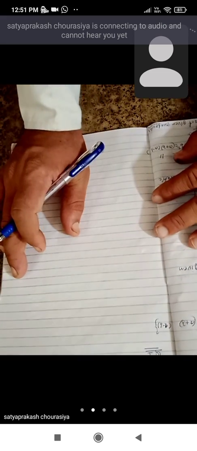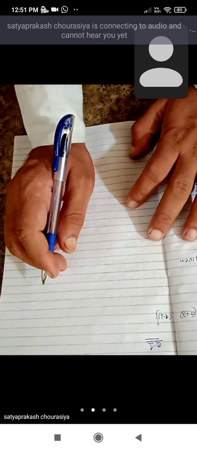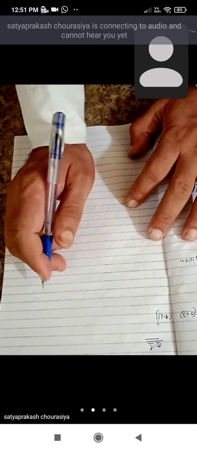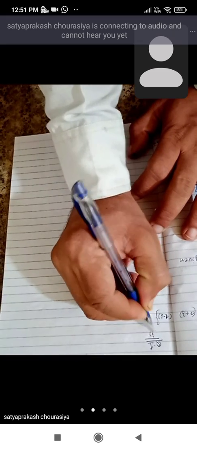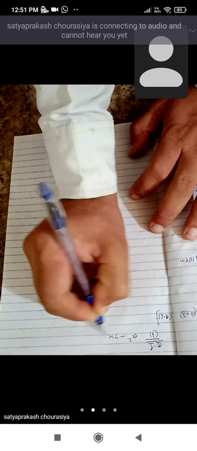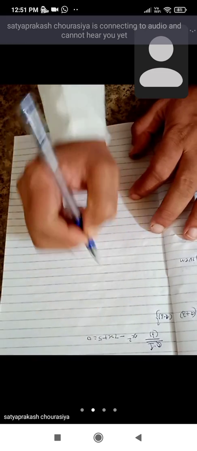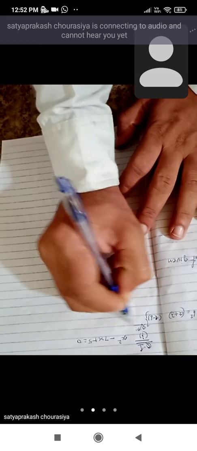Question number 1. Compare the given quadratic equation to the general form and write the value of A, B and C. Suppose the first one I have taken is x square minus 7x plus 5 is equals to 0. This is the equation. Now write down its solution.